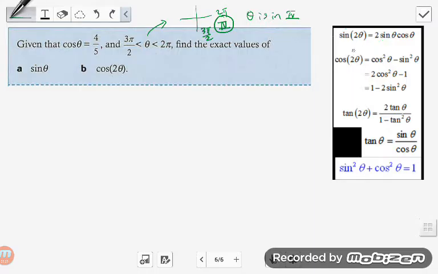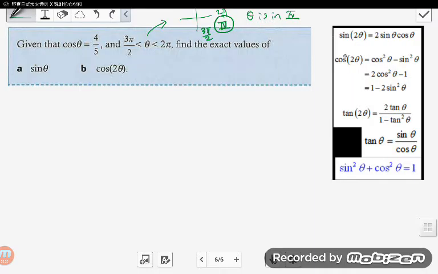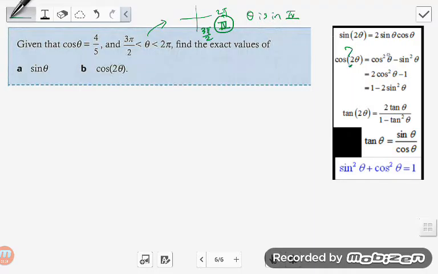Cosine 2 theta, I don't know. I have no idea what that is, so that's a question mark. Cosine squared theta, that's okay, I got that. Sine squared theta, nope, I don't have that. So again, too many unknowns. So if I look at the second line, 2 cosine squared theta minus 1, this is also unknown.